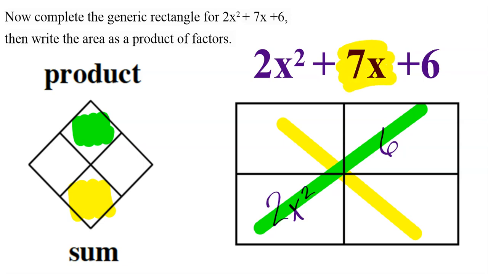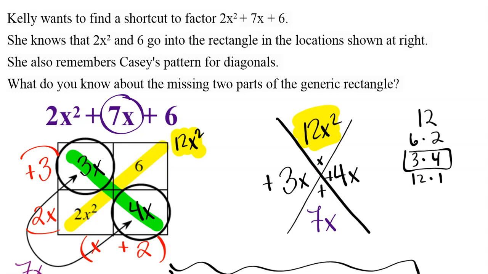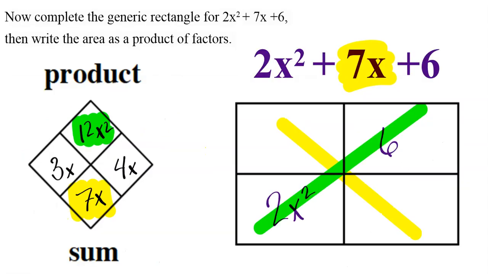So we know that we have 7x here, and then we have 12x squared here. And we know that, again, 3 times 4. And before, we put it like that. So this time, let's put the 4x here. So 4x plus 3x is 7x and 2x squared.